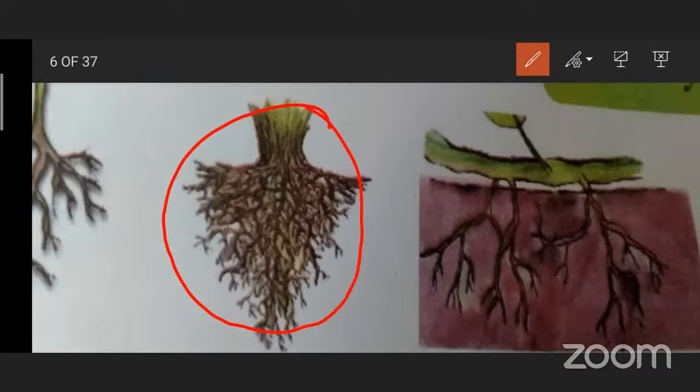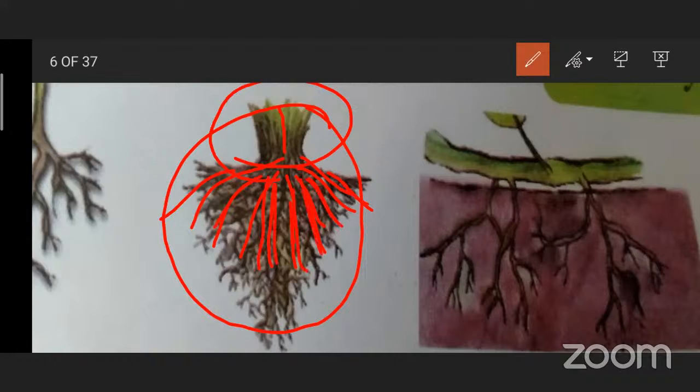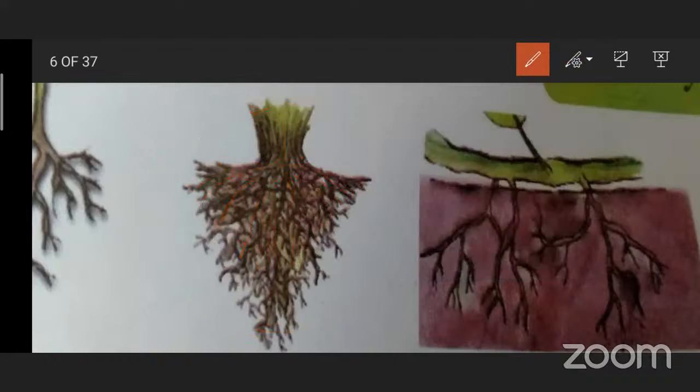In monocotyledon plants, the primary root is short-lived and replaced by a number of roots. These roots originate from the base of the stem and continue as the fibrous root system. In the fibrous root system, we see a number of short-lived roots. So this is called the fibrous root system.